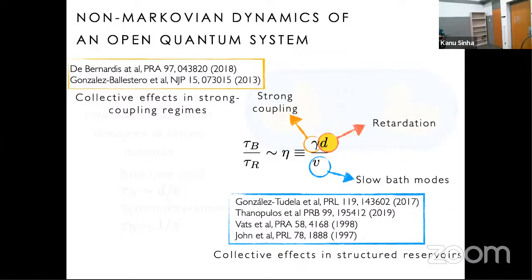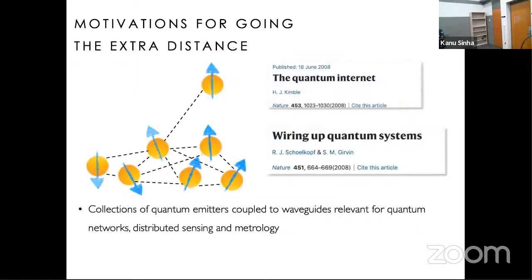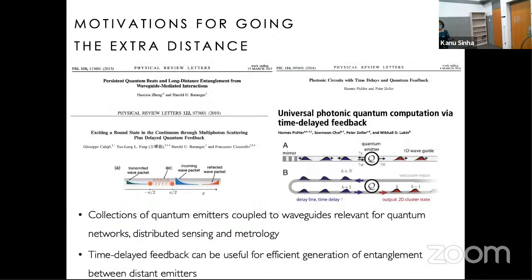Okay, and there are several motivations for looking at collective dynamics at long distances. Of course, this is relevant to building quantum networks, and to applications in distributed sensing and metrology. And not only are these retardation effects relevant, but they could potentially be useful as well for efficient generation of entanglement.